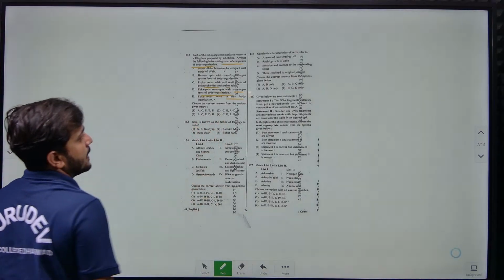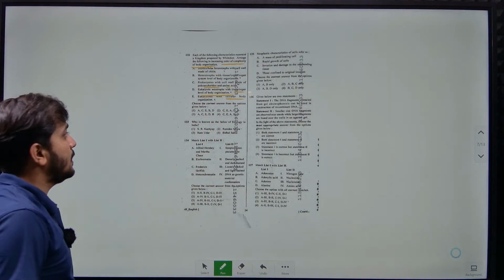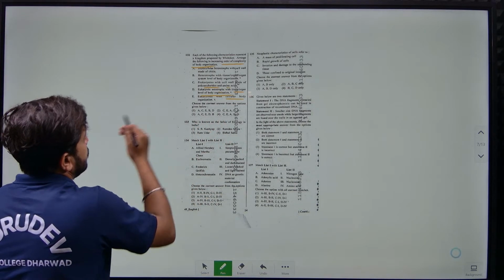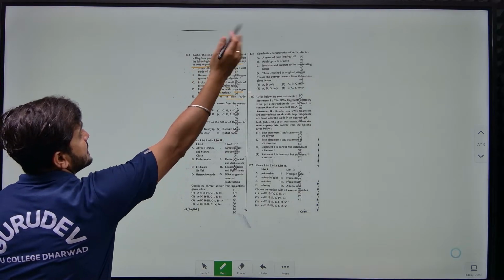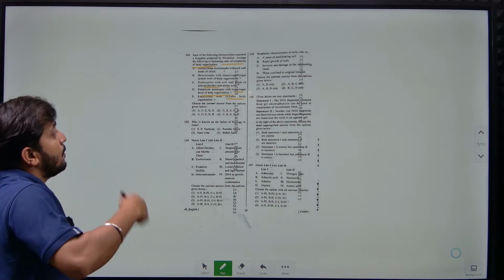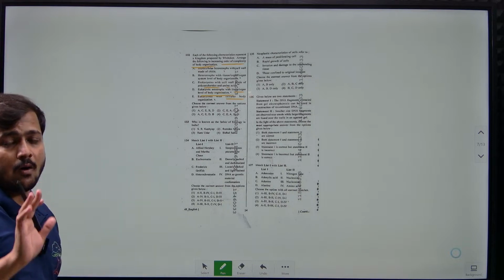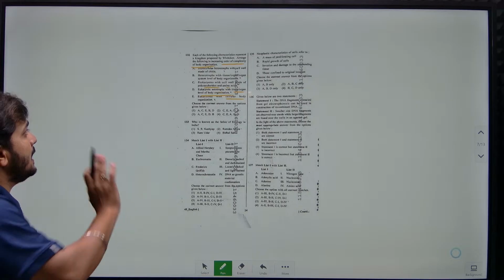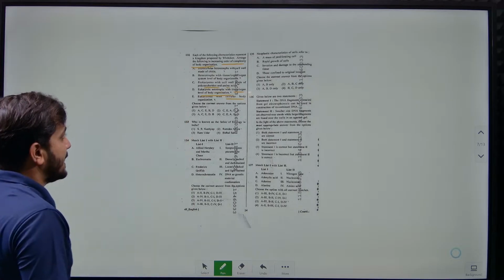So choose the correct answer from the options given below, right? So majorly what we have to do is arrange the following in increasing order of complexity of body organization, which is related with body organization.